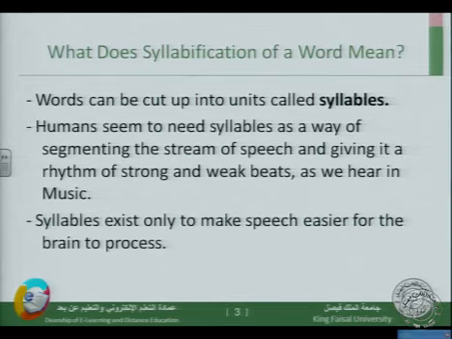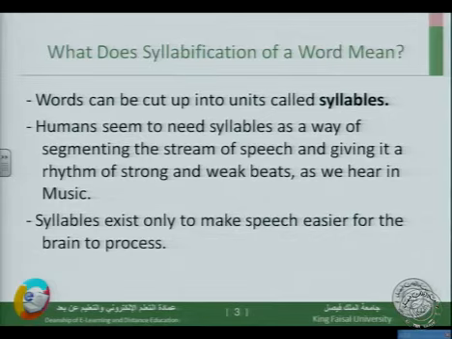Syllables exist only to make speech easier for the brain to process. The way human beings produce sounds begins with an order given by the brain. So the brain gives us orders to speak, to pronounce a word, with the help of the vocal tract.